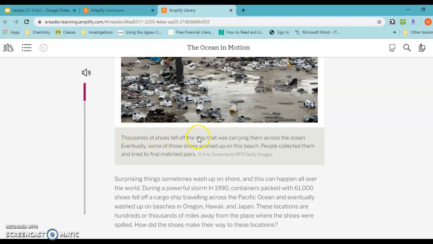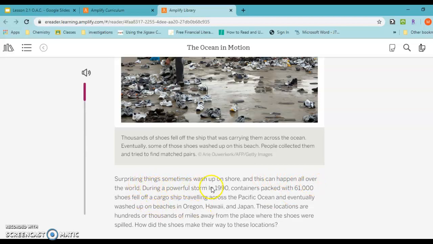So I'm seeing that thousands of shoes fell off the ship that was carrying them across the ocean. Oh, okay. Eventually, some of those shoes washed up on this beach, and people collected them and tried to find matching pairs. So, surprising things sometimes wash up on shore, and this can happen all over the world.